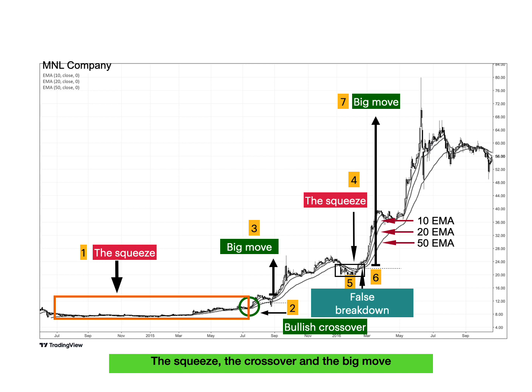Price bounced at EMA 5 and then consolidated sideways for around 3 months. There was another moving average squeeze, then a bearish moving average crossover. This led to a downtrend afterwards.